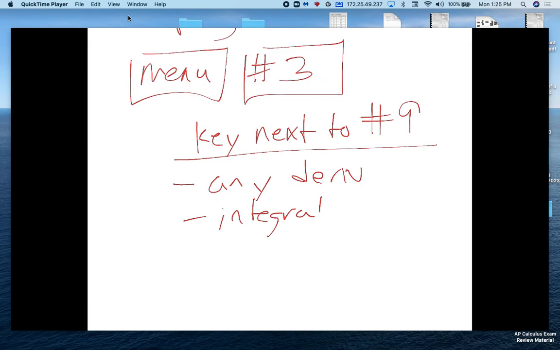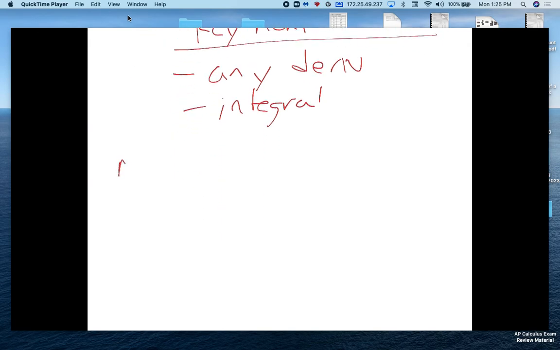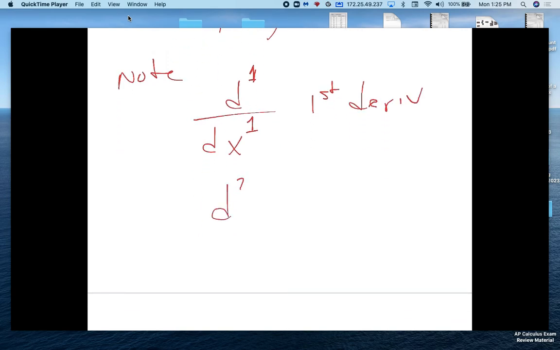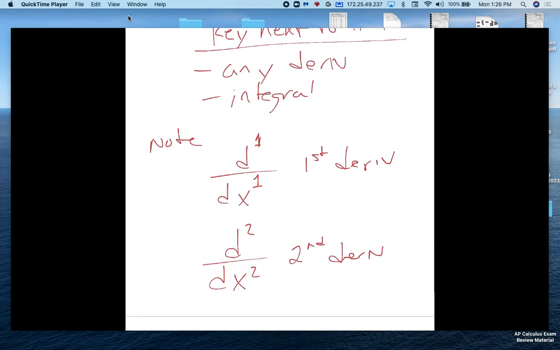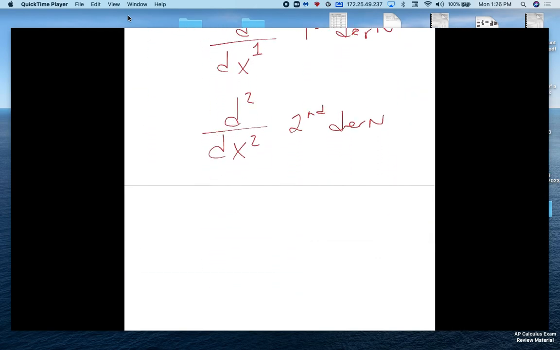Remember, as a note, this is the first derivative, this is the second derivative, and so on. And you can do any kind of things on there.